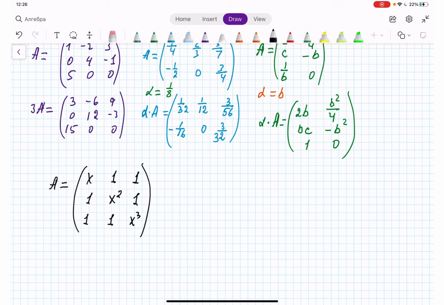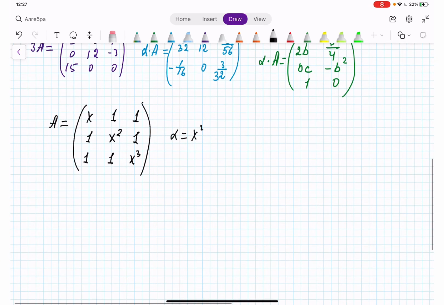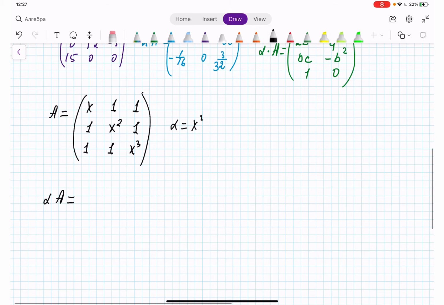Okay, so we need to multiply matrix A by alpha, where alpha is equal to x squared. So from here, alpha A is equal to, I'm going to multiply every single element by x squared.